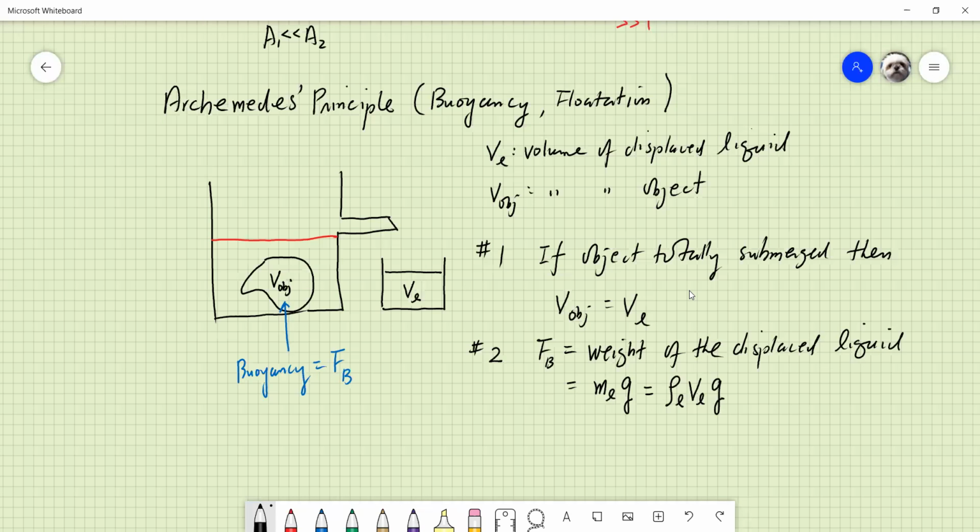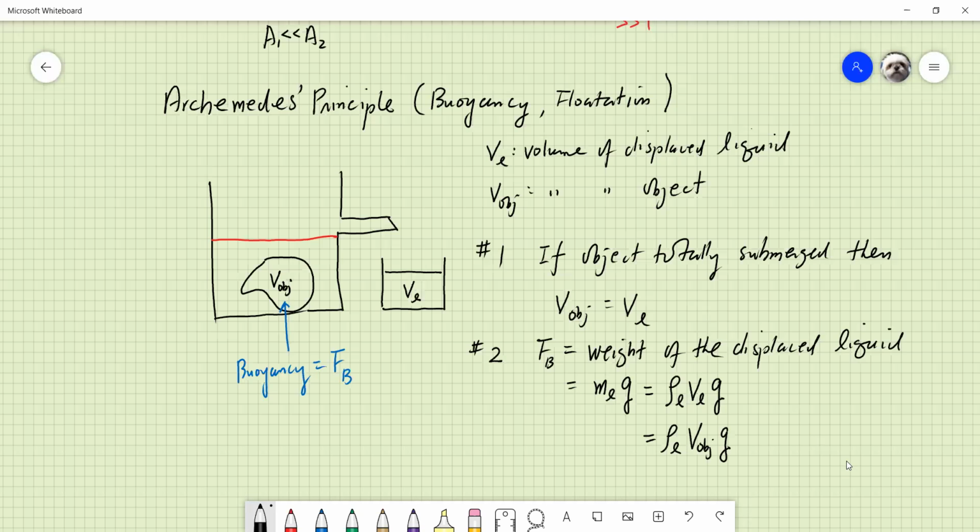But from before, I know that the volume of the liquid is the same as the volume of the object. So we can quantify the buoyancy force: if you know the density of the liquid, the volume of the displaced liquid, and g, then you know the buoyancy force.